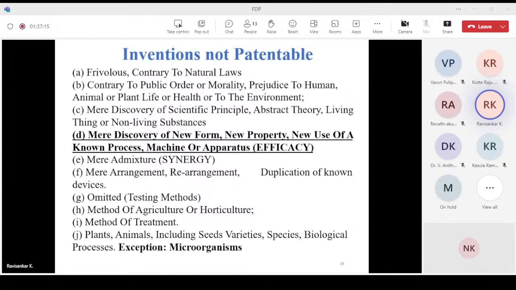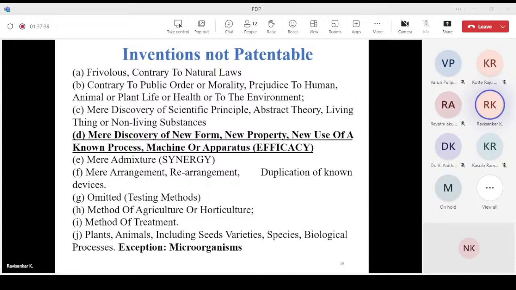Some inventions are not patentable in India, such as those which are frivolous, contrary to natural laws, contrary to public order, and mere discovery of scientific principles, living things or non-living things. So living things and non-living things are not patentable.